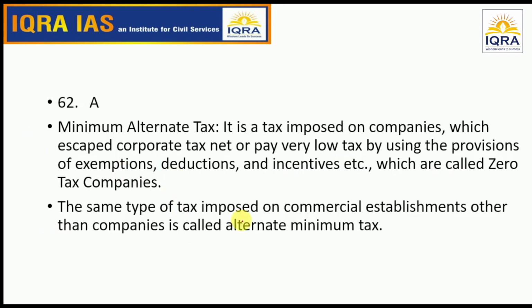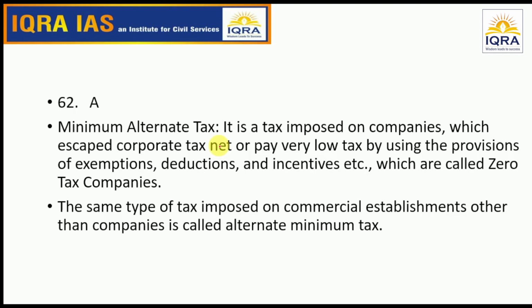This is basically when companies are showing zero profits, in order to use the loopholes in the tax system so that they can avoid taxes. So even if companies are having zero profit, they have to pay some tax.